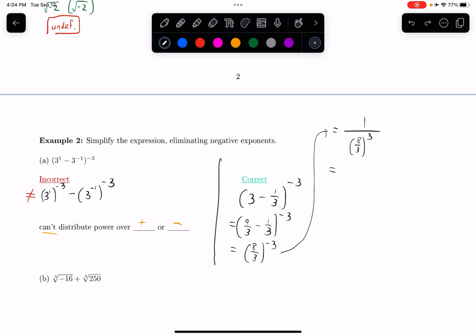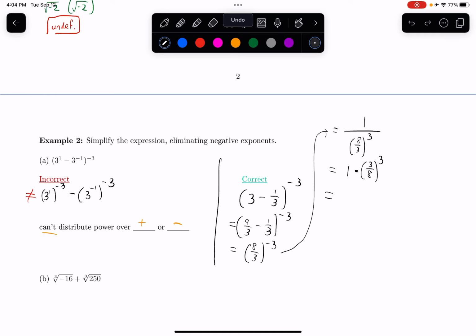So now I have 1 divided by this fraction. When I divide by a fraction, I get 1 multiplied by the reciprocal. The reciprocal is 3 over 8, being cubed. 1 times something is just the something. Now I have to work out that fraction cubed. When I cube it, I can distribute the power to the numerator and the denominator because I'm dividing my terms.